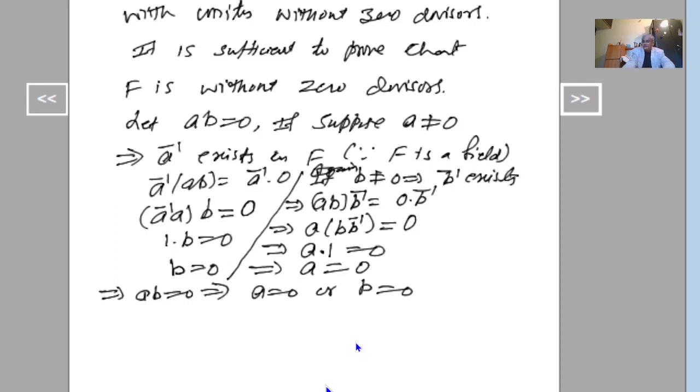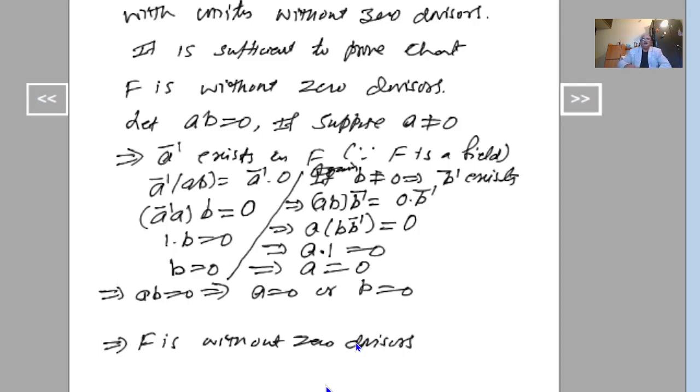So what this implies is, F is without 0 divisors. Okay.